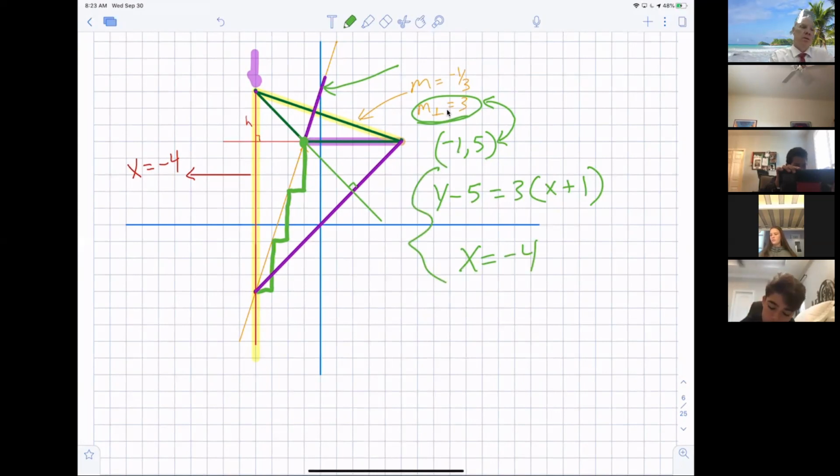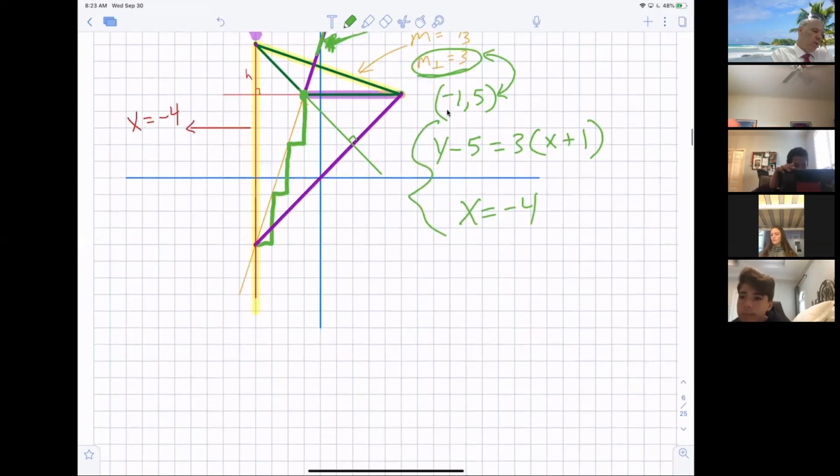What? How did I know to use this purple line right here that I'm pointing to? Well, because I'm trying to find the orthocenter, right? The orthocenter is this point right here. That's on that line. Yeah, good questions.